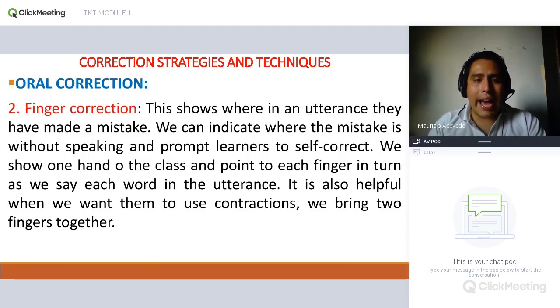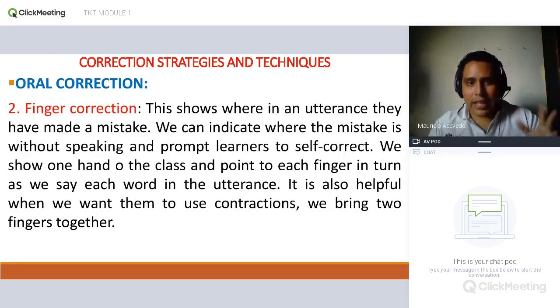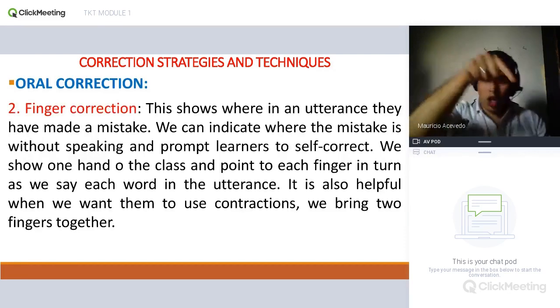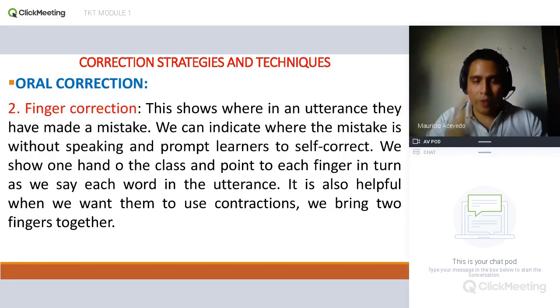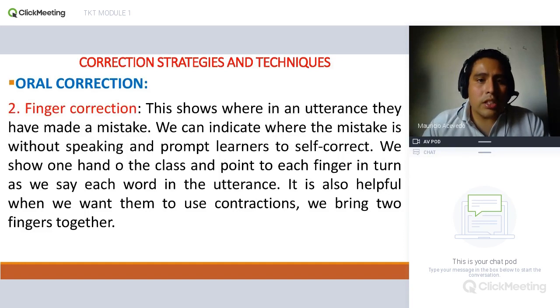We show one hand to the class and point to each finger in turn as we say each word in the utterance. So a good way is moving your finger, telling them this is my subject, my verb, and then my object, so that you can explain the parts of the utterance.